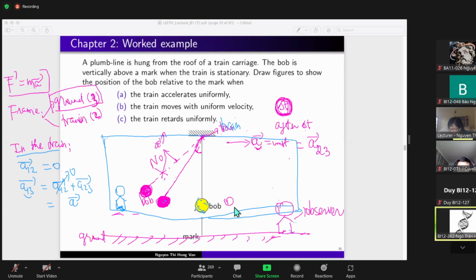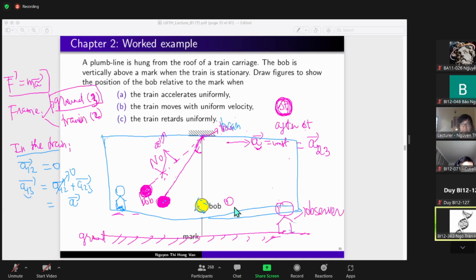Quân, can I ask? I want to ask a question first. Okay. Are we still at question A? Yes. So when the train accelerates to the right, the hanging point will move faster than the ball.